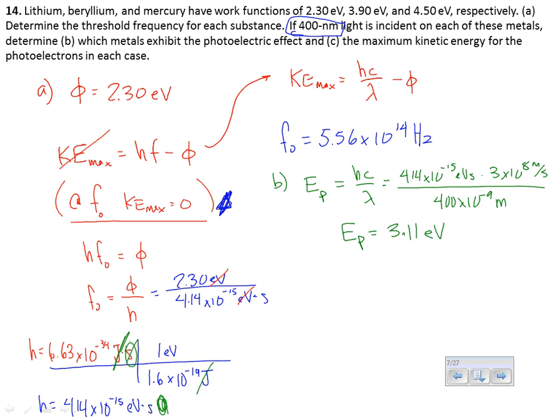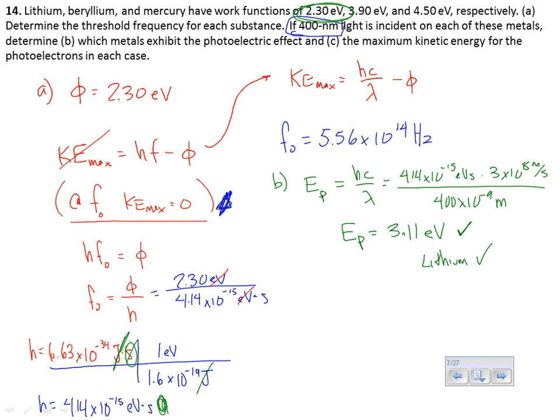So we've just answered part B. Which metals exhibit the photoelectric effect with this 400 nanometer light? The photon energy is 3.1 eV. For lithium, it takes 2.3 eV to get the electron off, and we're adding 3.1, so check, we do exhibit the photoelectric effect.